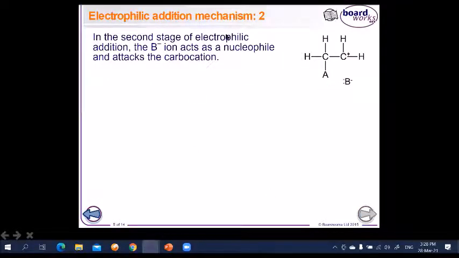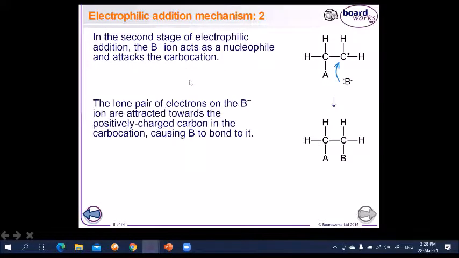Okay, now the second stage of the electrophilic addition: the B minus ion now acts as a nucleophile, and attacks the carbocation. I can't even pronounce it, carbocation. It's kind of a tongue twister. All right.